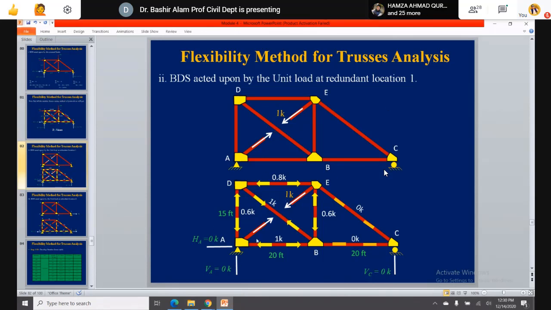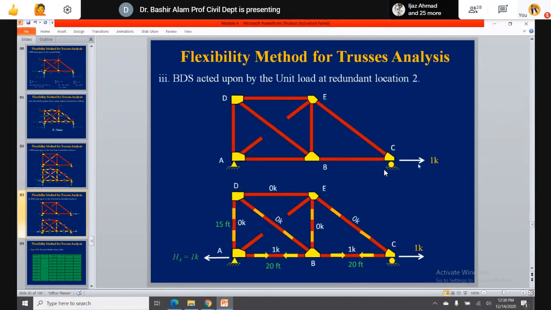Support reactions will be 0 because of the internally applied load. This is analyzed and U1 values are generated.